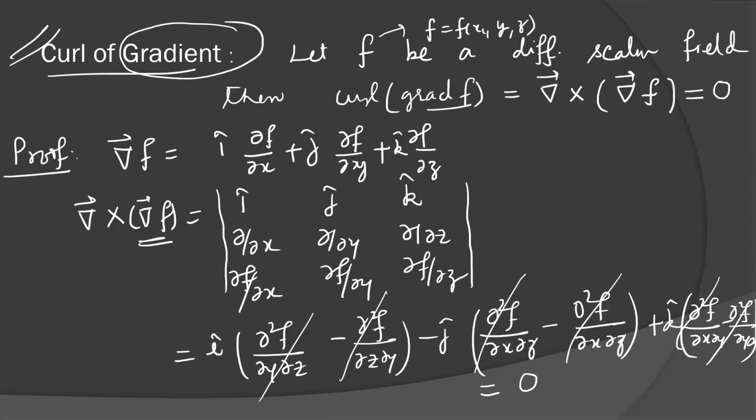Now the second result is divergence of curl. You are going to find firstly the curl. For curl you need a vector function. Similarly, for a gradient you need a scalar function. So in curl of gradient you need for gradient a scalar field.